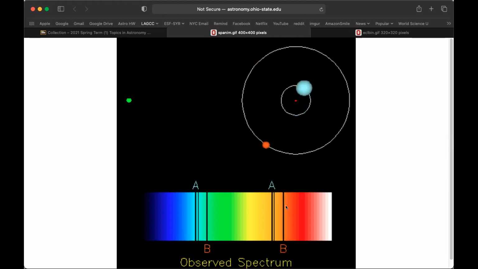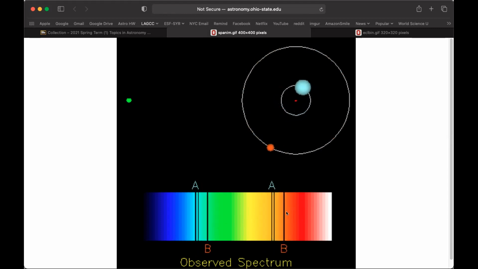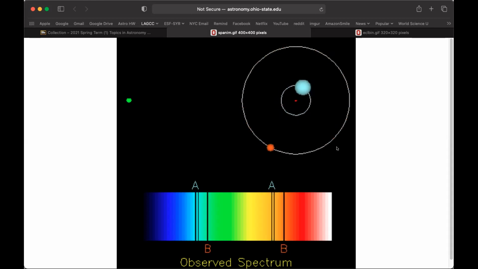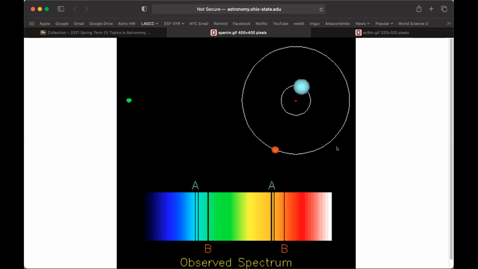And when it moves away from us, we see that the spectrum is headed towards the red end of the spectrum. We're getting redshift because as it moves away, the wavelengths are being expanded and the frequency with which they arrive at our location decreases, right?